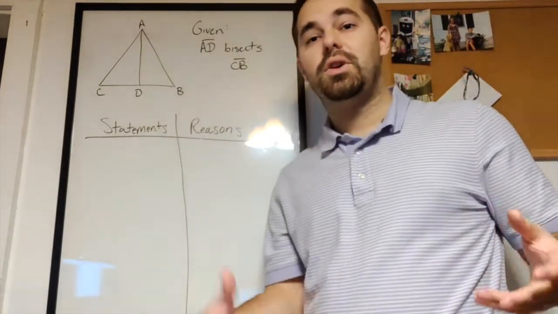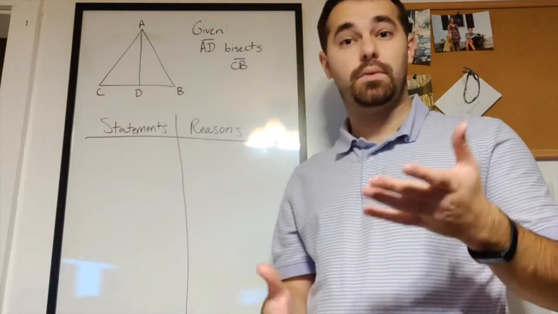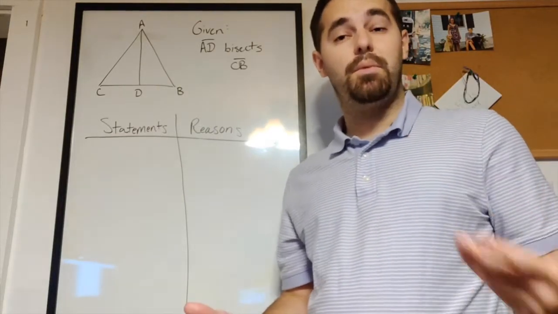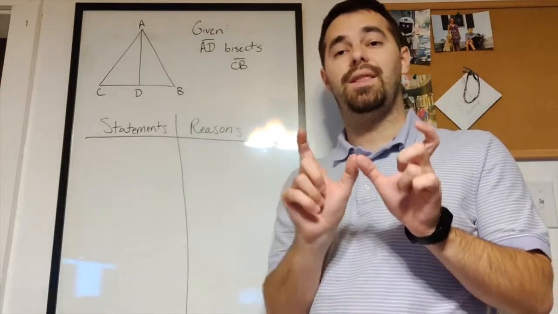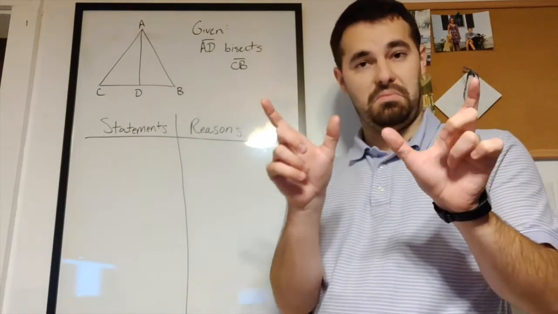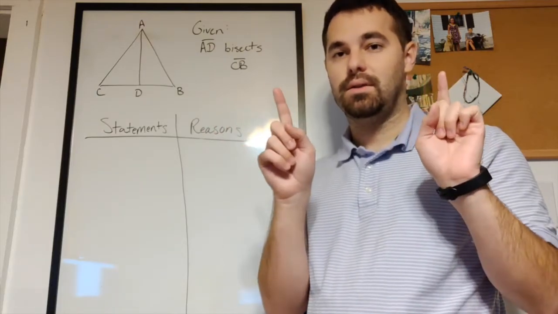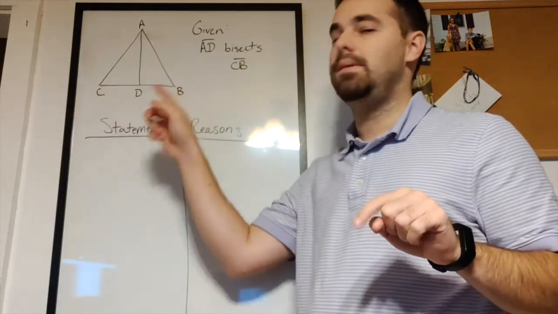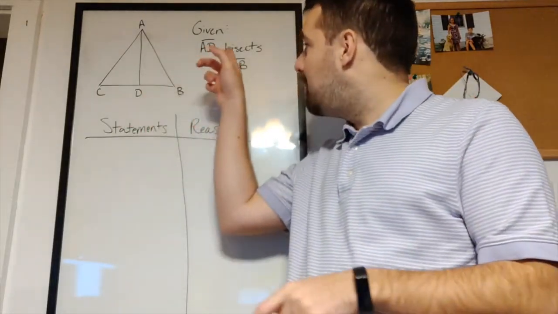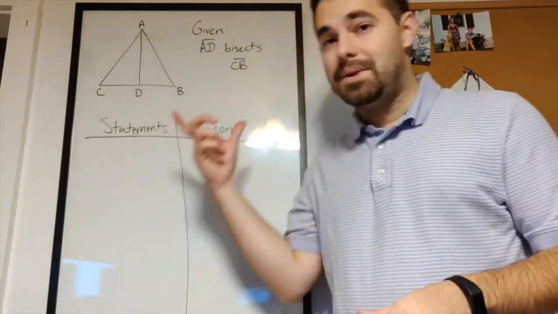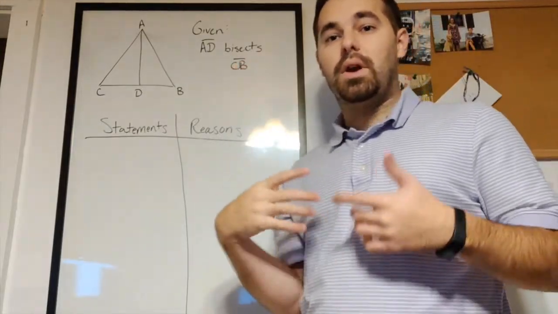This time, we're going to be talking about segment bisectors. We already know what they are. A segment bisector is when you are bisecting a line segment. You're cutting a line segment, just a point-to-point connected. So in this case, CB is being bisected into two congruent halves by AD. Up top, we have this section that we call the given.